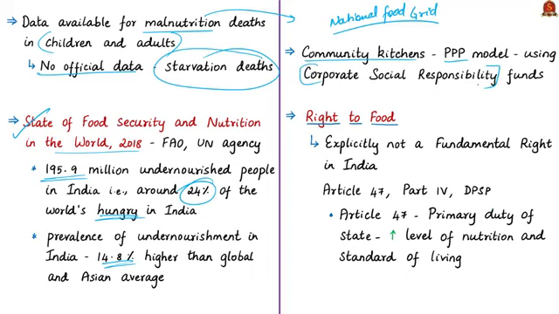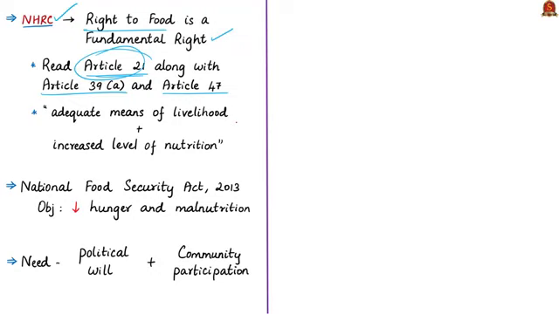The Article 39 Clause A of the Constitution requires the state to direct its policies towards securing that all its citizens have the right to an adequate means of livelihood. And as we saw earlier, Article 47 spells out the duty of the state to raise the level of nutrition and standard of living of its people as a primary responsibility.